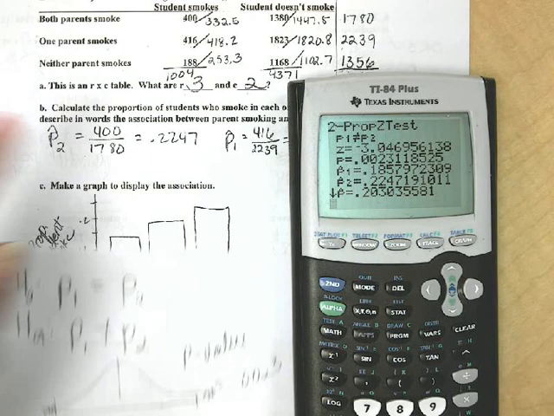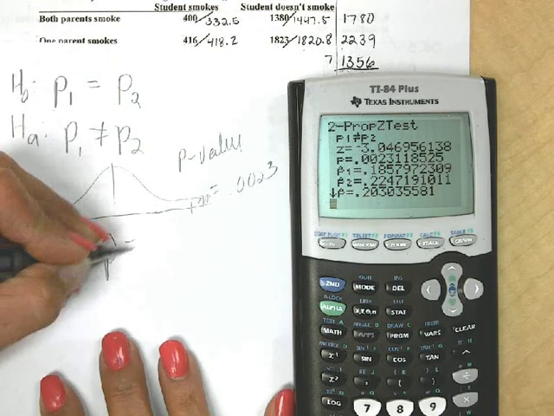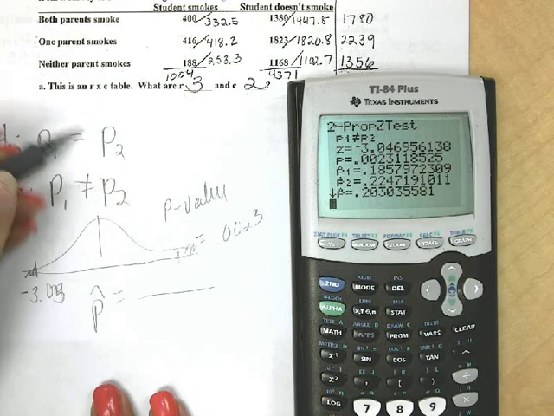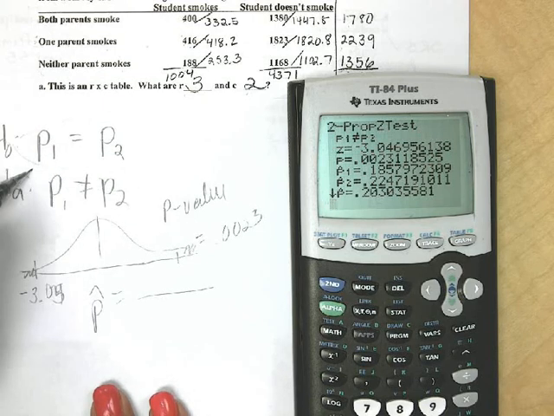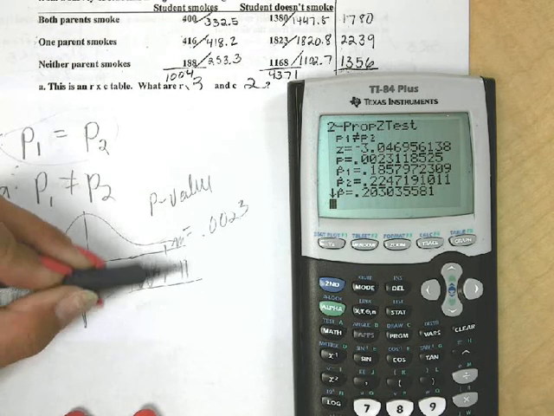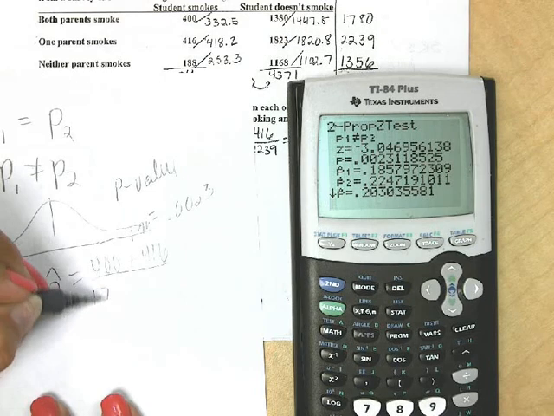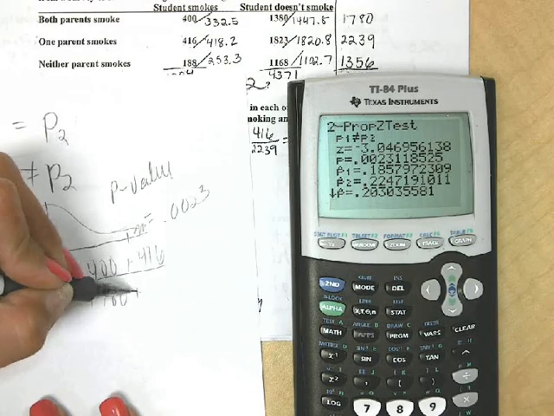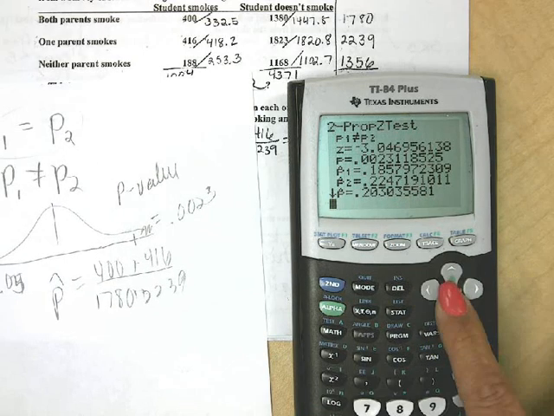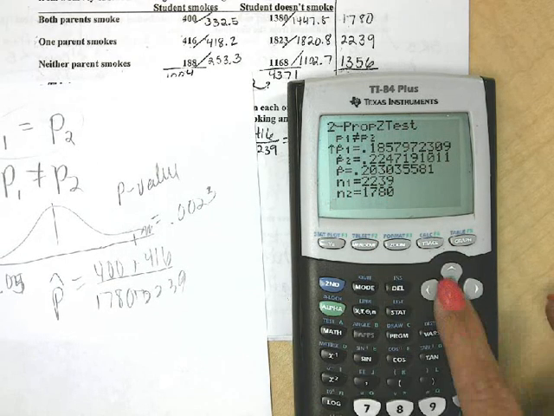Remember that pooled p is when we combine the two samples together to find out what these two are being set equal to. So that pooled p would have been that 400 plus the 416 out of the 1780 plus 2239. So that's what this value is. And it tells us our two sample sizes below.